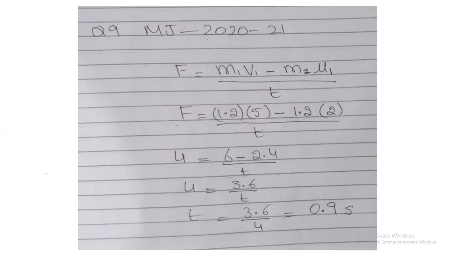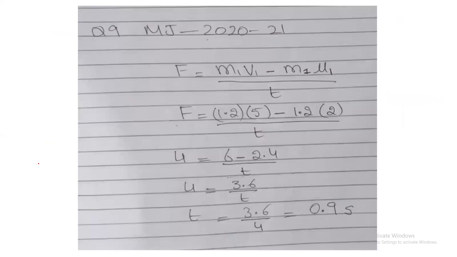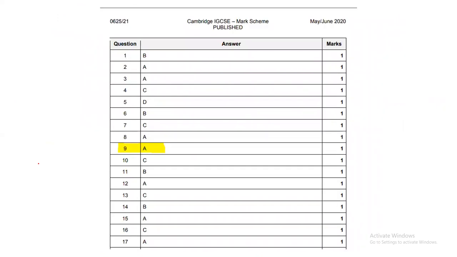So the t will be equals to 3.6 divided by 4, and that will be 0.9 second. Do we have that here? Yeah, 0.9. Question number 9, A is the right option, sir.